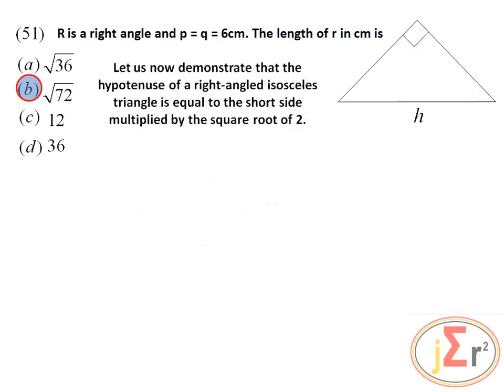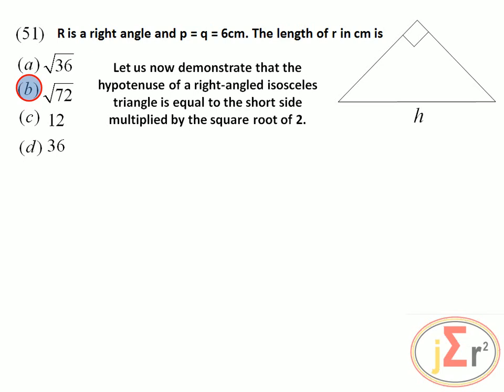We are not done yet. Let us now demonstrate that the hypotenuse of a right-angled isosceles triangle is equal to the short side multiplied by the square root of 2. That is what we are demonstrating right now. And we need to be reminded that we are talking about a right-angled triangle.